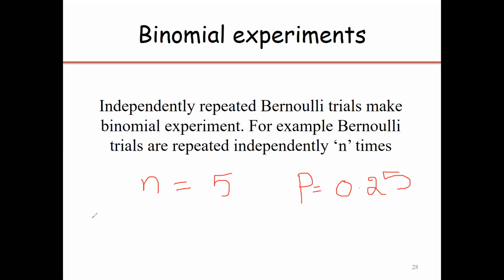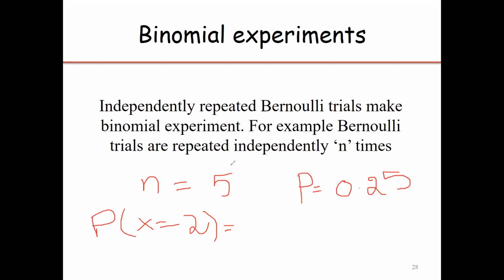Then you are interested to find out the probability of x equal to 2. Probability of x equal to 2 means what? We are interested to find out 2 successes out of these 5 attempts. Total number of attempts is 5 and the total number of successes in which we are interested to compute this probability is 2.